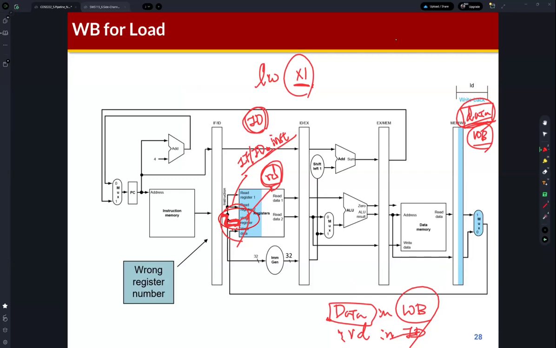So if the data is in the write back stage and we store the data in the write back stage, then we need to use the RD in the write back stage, not the RD in the ID stage. Do you understand? This is very critical. So this is an incorrect design.